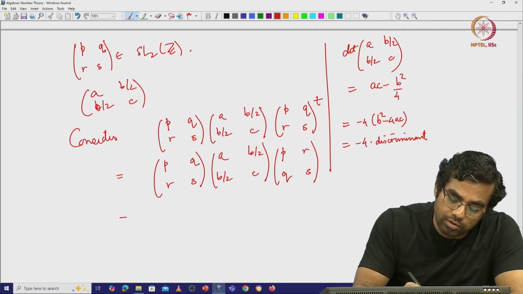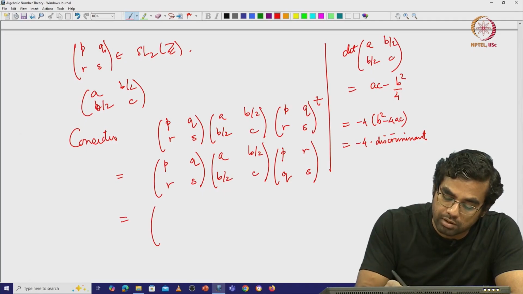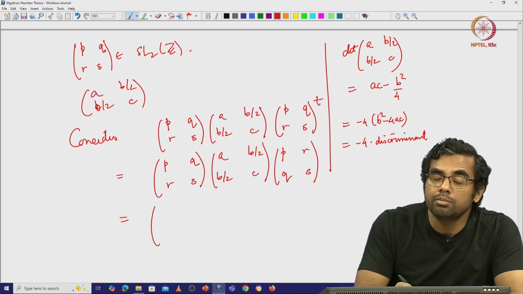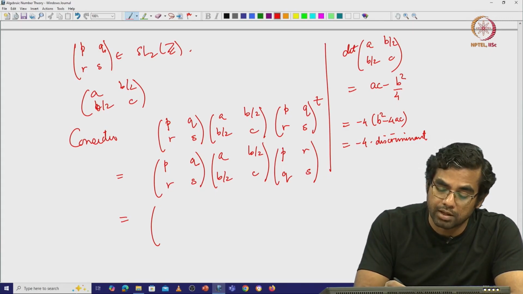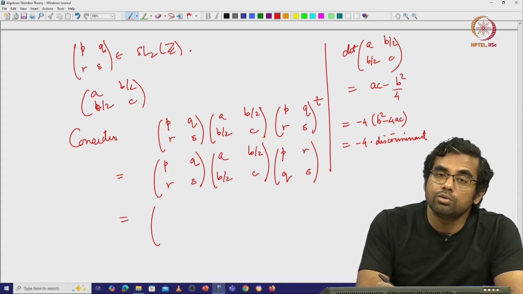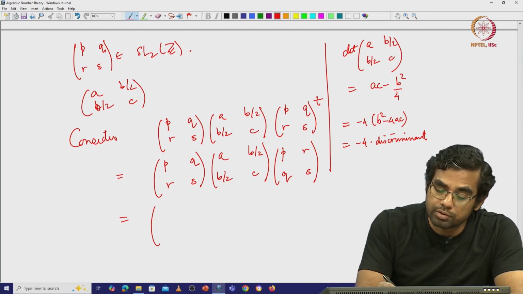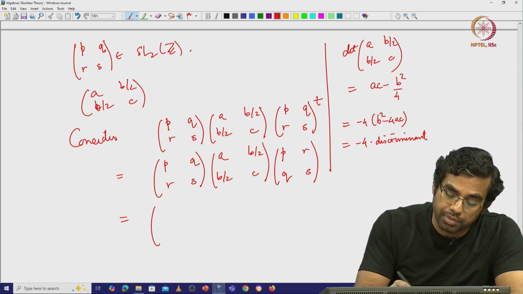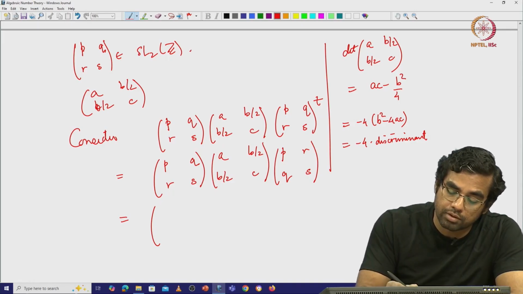If I write this out, it will look like a complicated mess, but it will again be a symmetric matrix with possibly half integer entries off the diagonal. Nobody said that b could not be even, so then b/2 would be an integer. But let me write it out for your benefit.